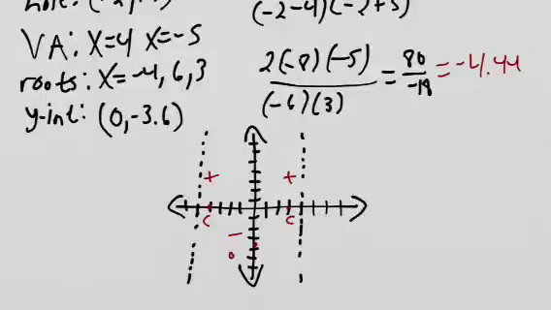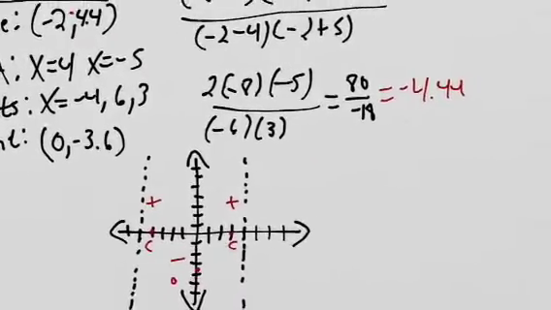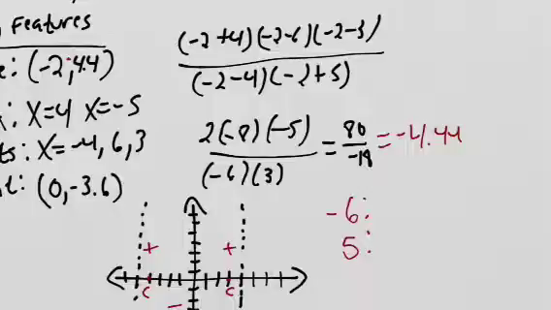So what we're going to do is plug in a point. We're going to plug in -6, and we're going to plug in 5. Okay, so we know that -6, plugging it up here, -6 plus 4 is going to be negative. -6 minus 6 is also negative. -6 minus 3 is also negative.